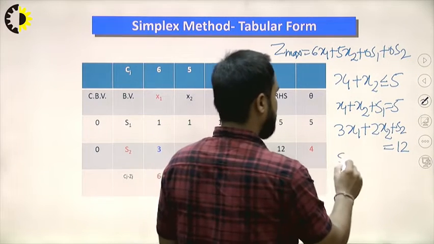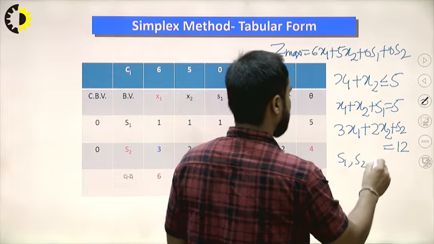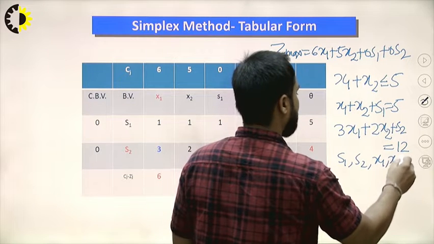And the non-negativity restriction: S1, S2, X1, X2 are all greater than or equal to 0.